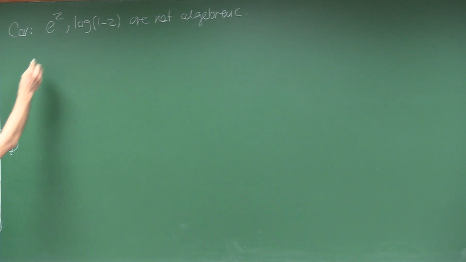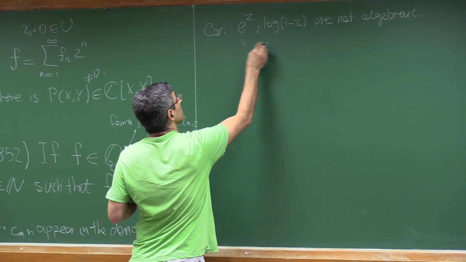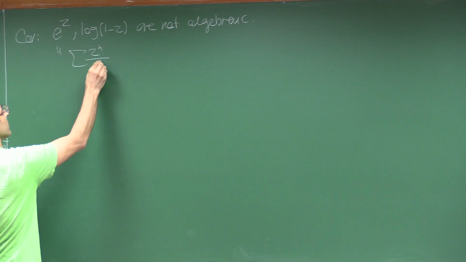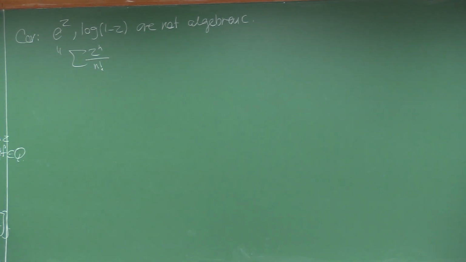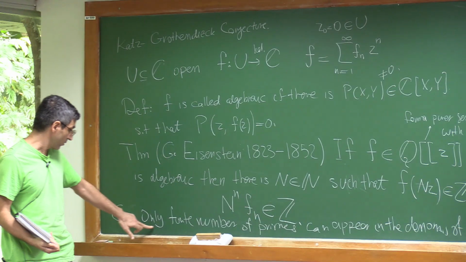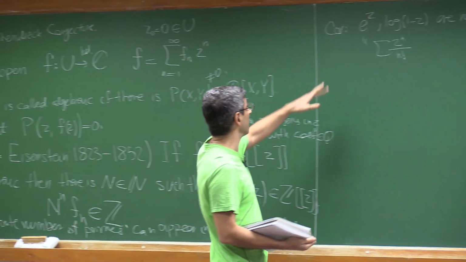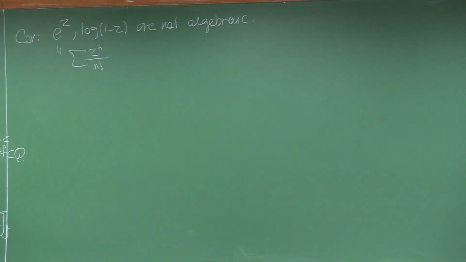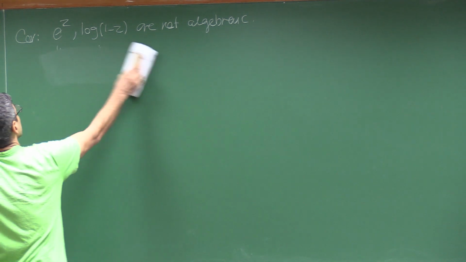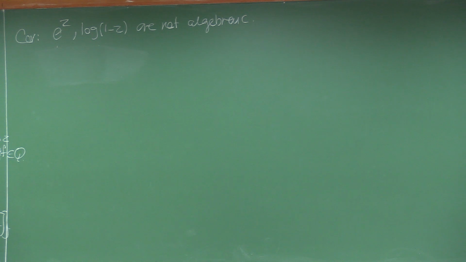In the case of e^z, it is the sum of z^n over n factorial, and in n factorial all the primes appear, so this means that at the end it doesn't satisfy even this weaker corollary of the theorem. So e^z is not algebraic, in the same way as log(1 minus z). In the denominators of its coefficients, you can find all the prime numbers.